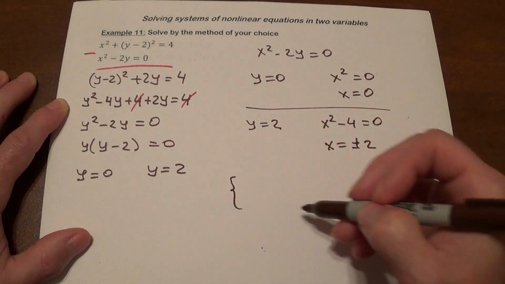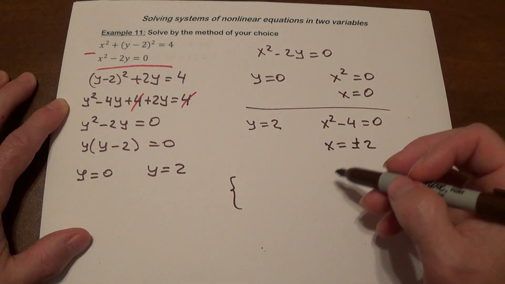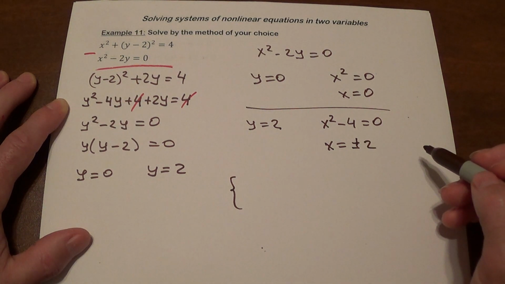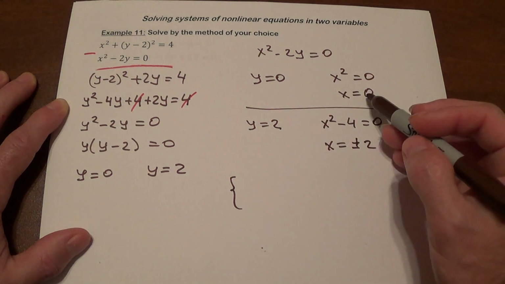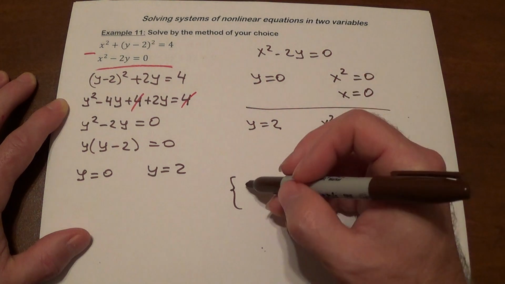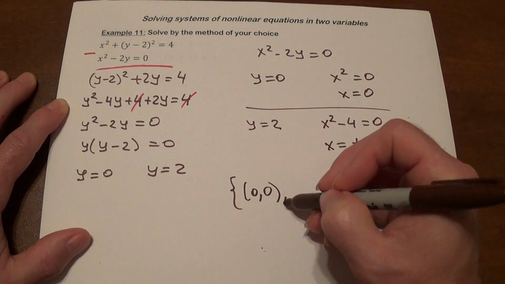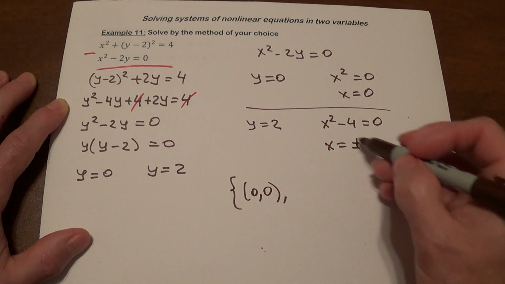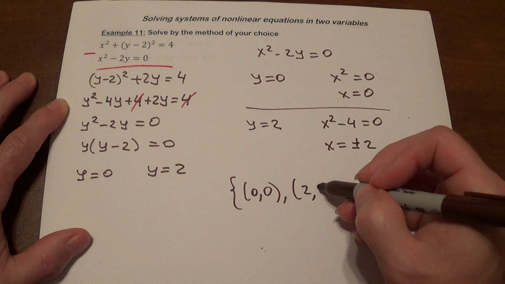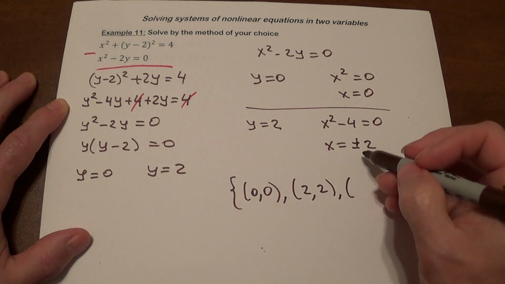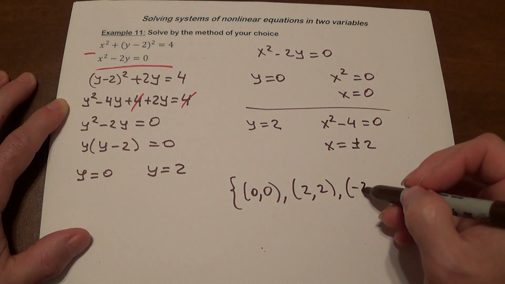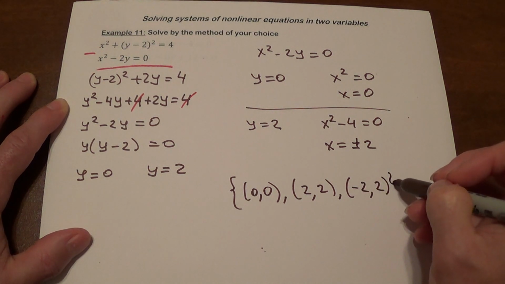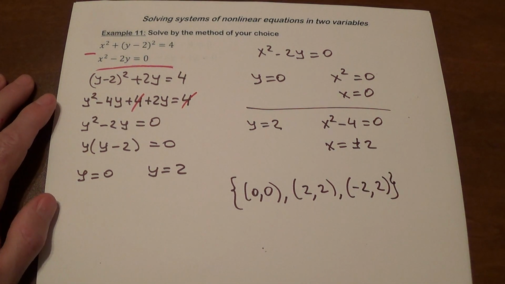Be careful, we found them in a different order. We found y first, x second. Here it doesn't matter, it's 0, 0. Here we're going to have 2, 2, and we're also going to have negative 2, 2. So we have a total of 3 points.